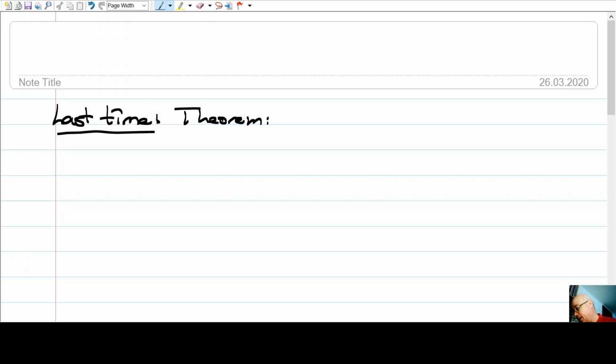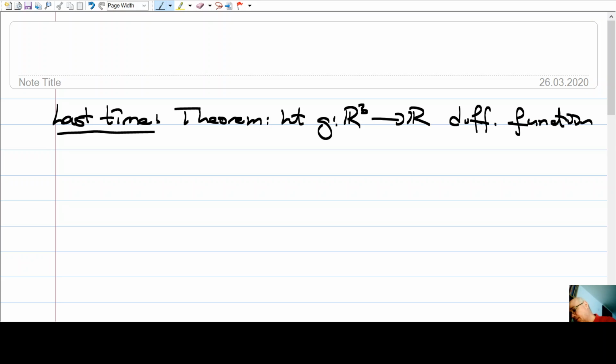The theorem was basically this. Let G be a differentiable function from R3 to R, and C a real number.